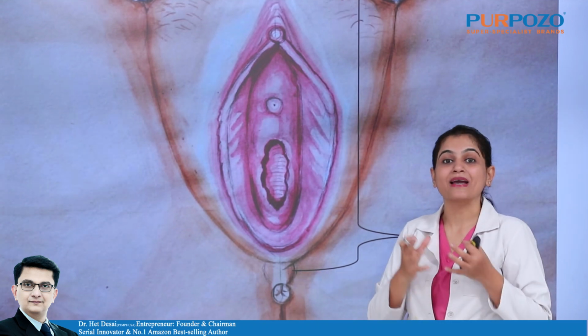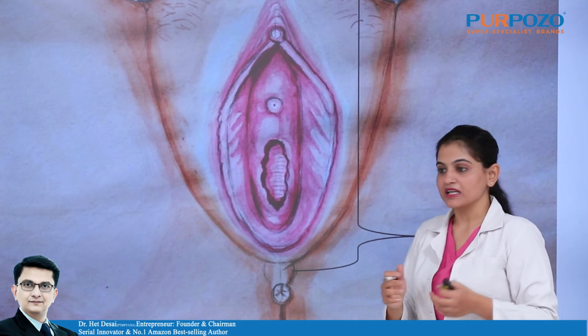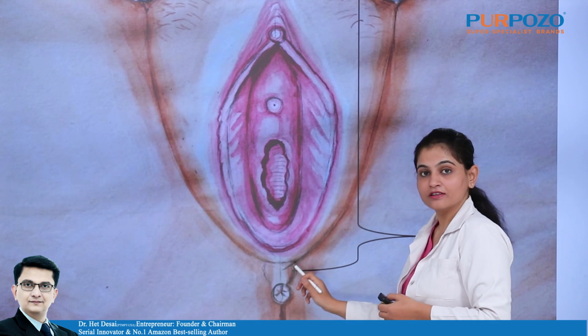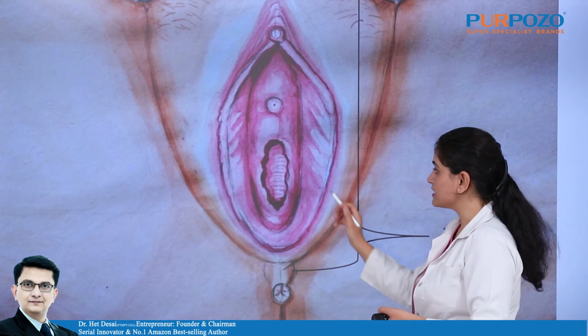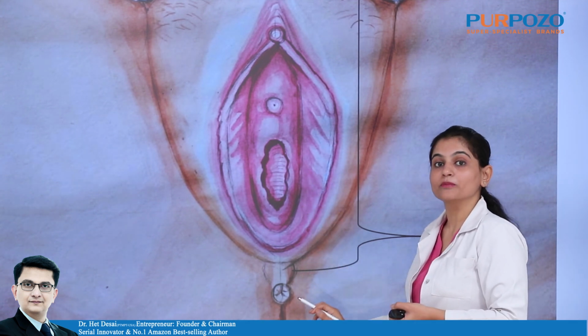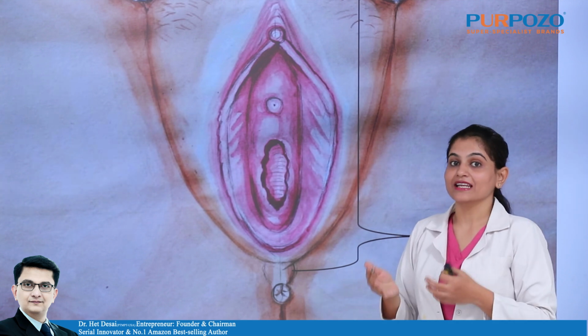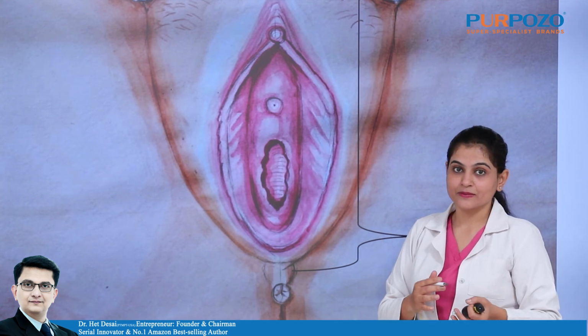Now, what does the word perineal body mean? That means the area which is present between your birth hole and your poop hole, that is your vaginal opening and the anus.